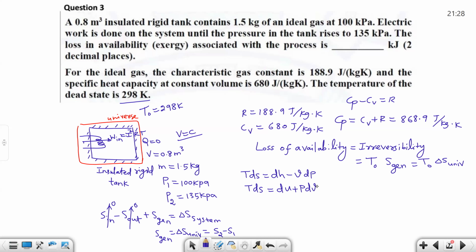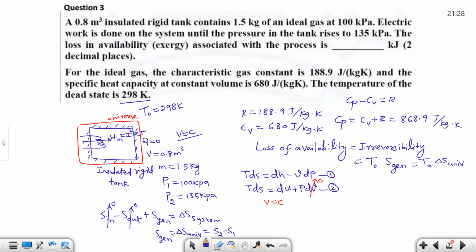Any equation you can use. This is equation 1, this is equation 2. It is preferable to use equation 2 because volume is constant, so the PdV term will go to 0.